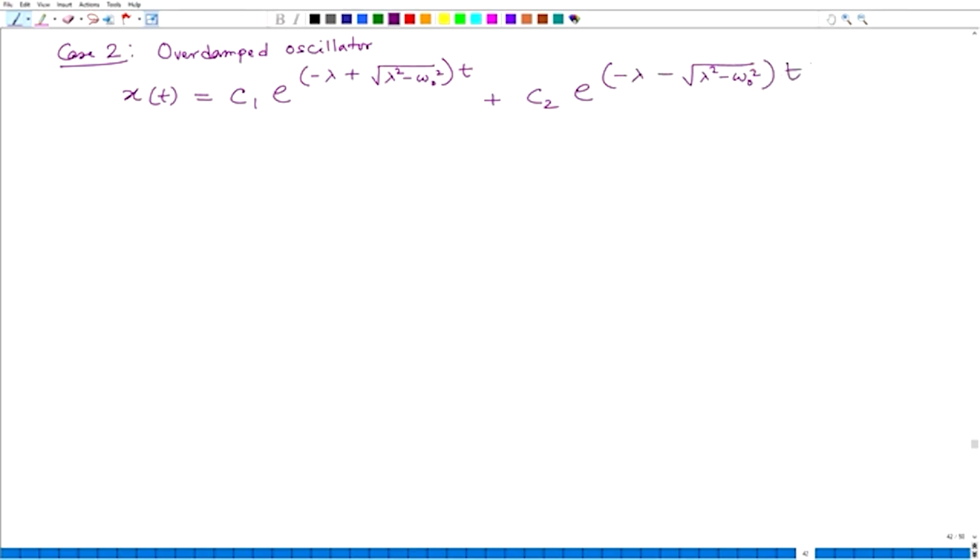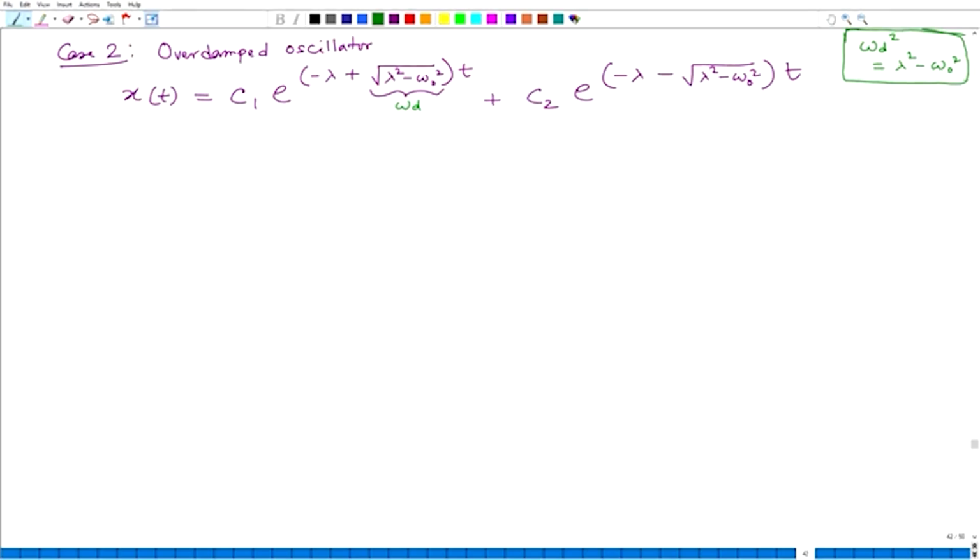I call this thing omega d, so that omega d square is equal to lambda square minus omega 0 square, which we can use from time to time.